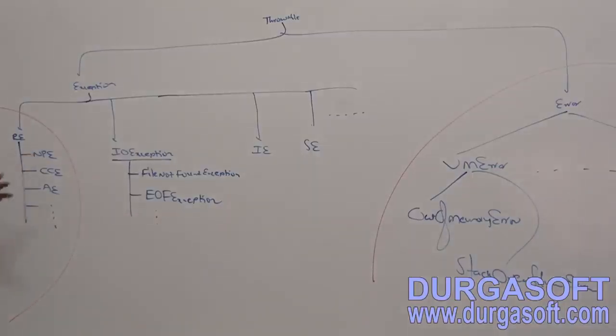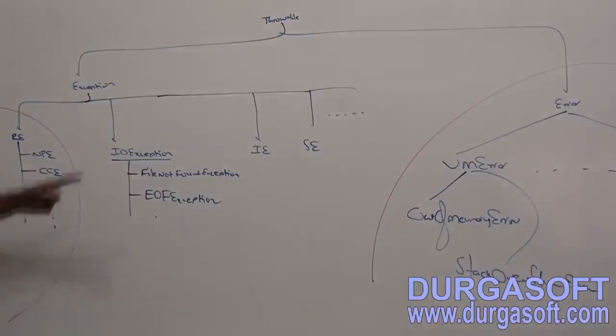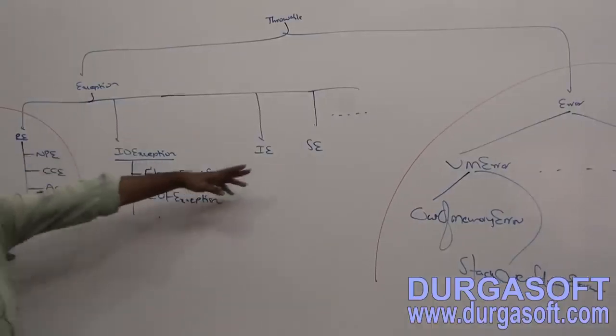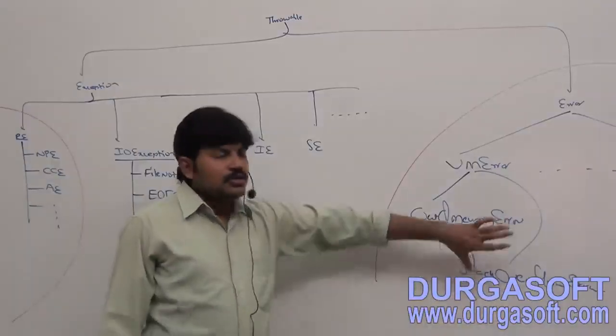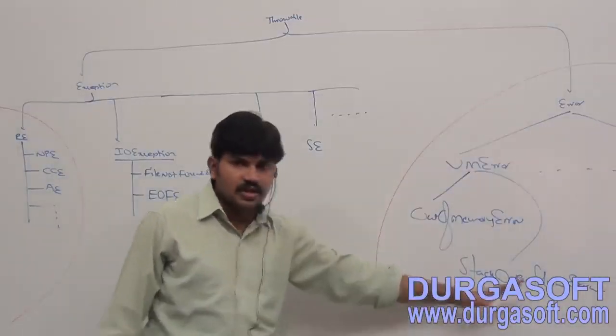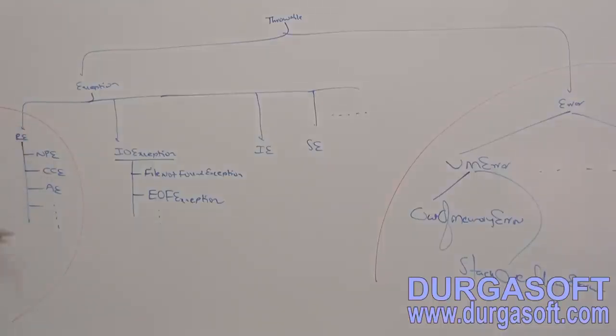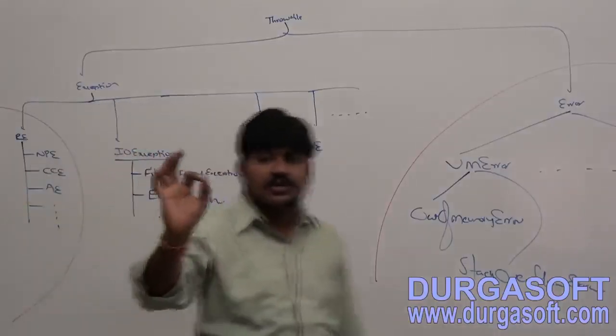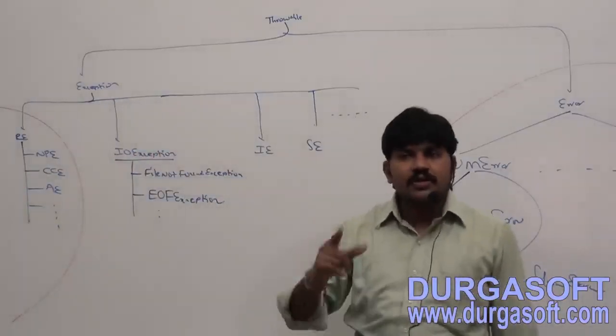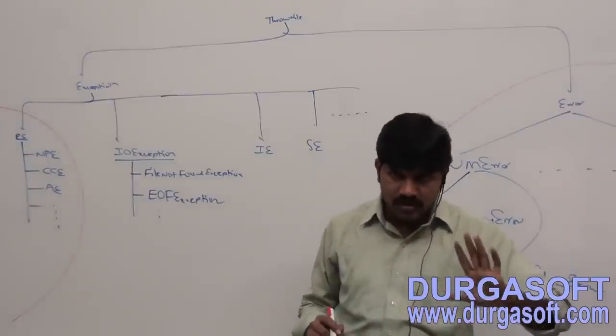NullPointerException, unchecked. ClassCastException, unchecked. RuntimeException, unchecked. Error, unchecked. VirtualMachineError, unchecked. OutOfMemoryError, unchecked. So except Error and its child classes and RuntimeException and its child classes, which are unchecked, the total remaining are checked exceptions, right? Make sure you are aware of this point to continue with our overriding rules. Are you getting?